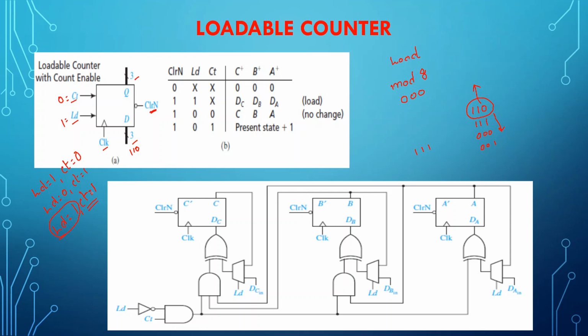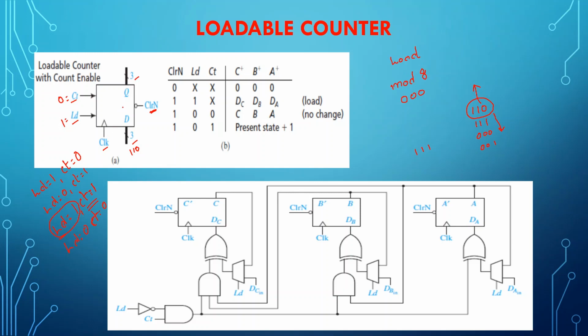Even though both are high, my load signal is stronger than the count signal, which means that the load signal will be overriding the count signal. Suppose load is 0 and count is 0, then your counter is going to display the same count it had previously, which means that no change in the count will happen.